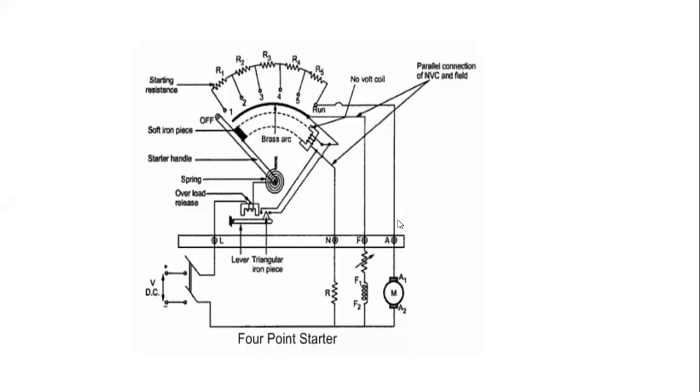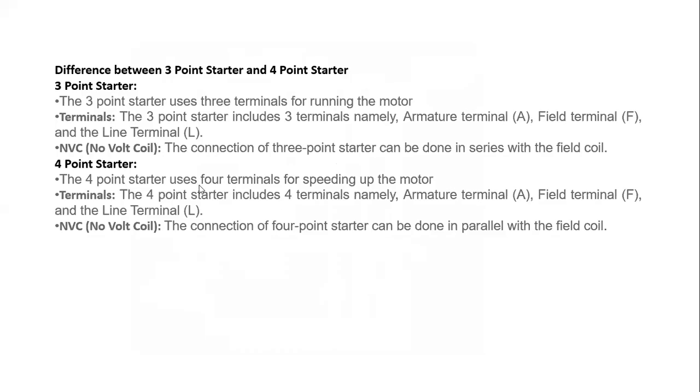This is the working of a 3-point starter and a 4-point starter. There is one difference between them. With the neutral point connected through a resistance, this type of starter is also used for speed control of motors. Here are the line, armature and field, and this is the neutral point.